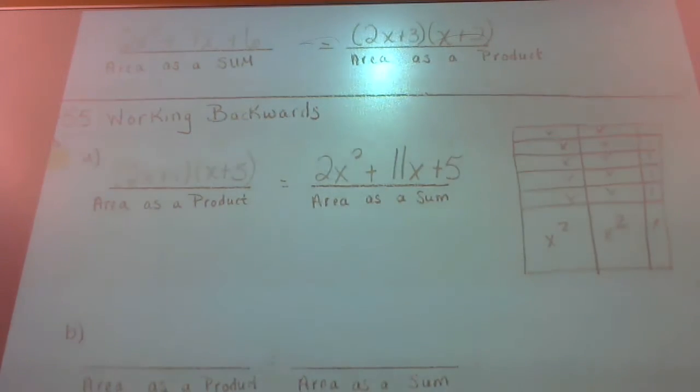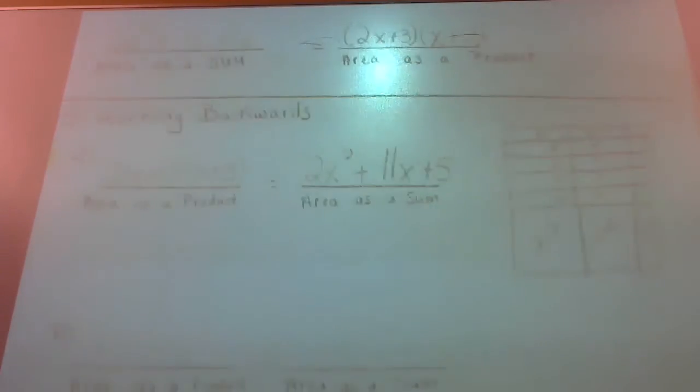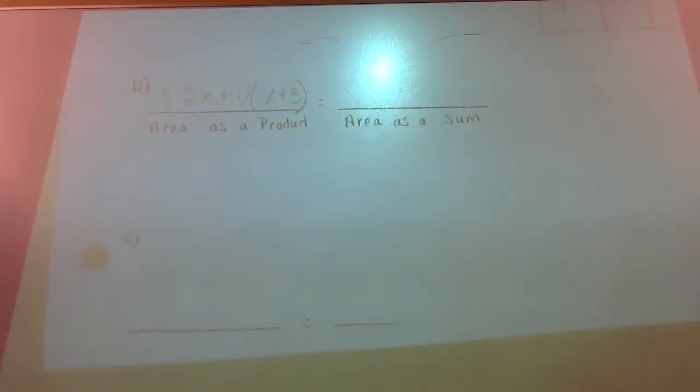Okay, I'm going to have you guys try one of these on your own. So remember, today we're working backwards. I'm not giving you those individual pieces. I am giving you the dimensions and asking you to find how many individual pieces there are. Okay, here is B. Okay, try this guy.